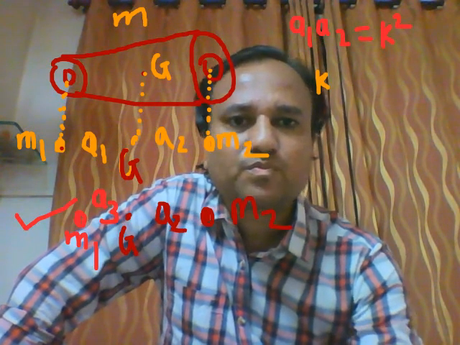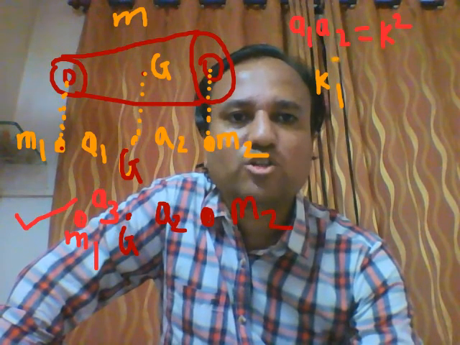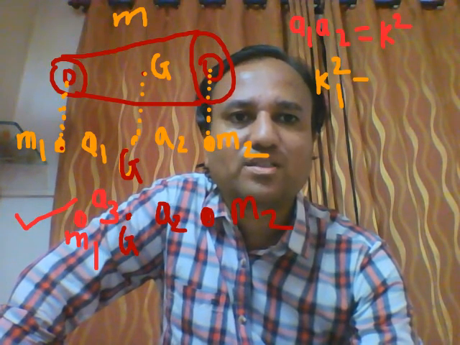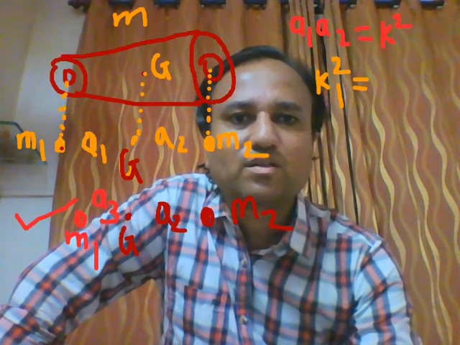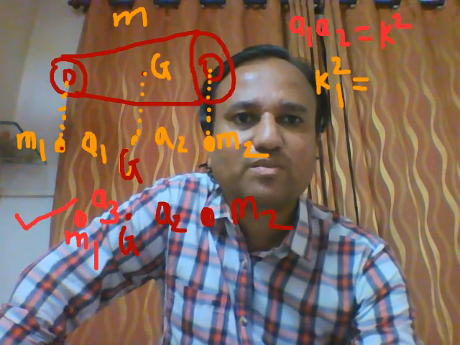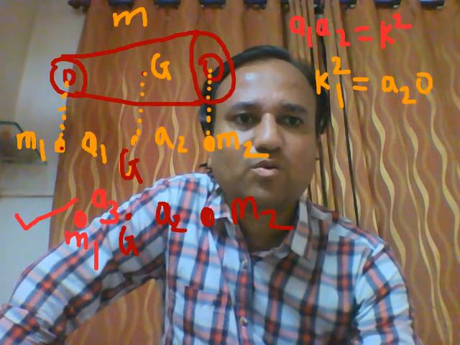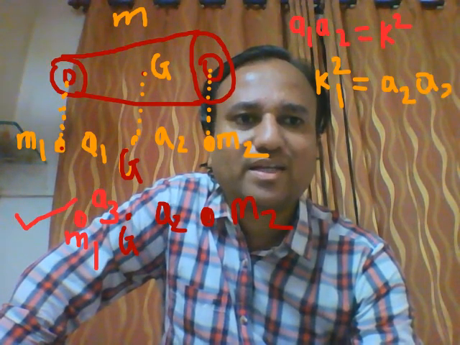Now, the new moment radius of gyration you must mention, that is k1 square for the second case. For the second case, concentrate on the second case, it will be A2 into A3.